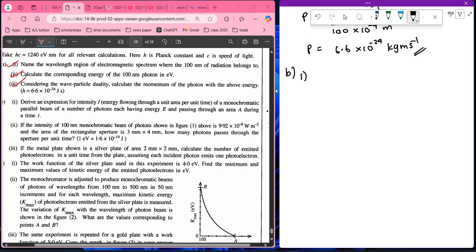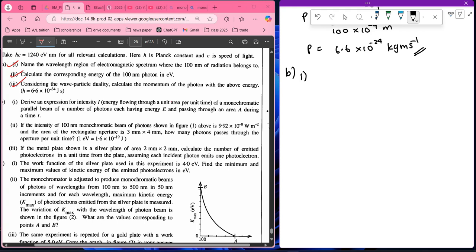So considering the intensity, you should not be a parrot here, remembering whether there is any formula for intensity. No need for that. They've given the definition in the brackets: energy flowing through a unit area per unit time.